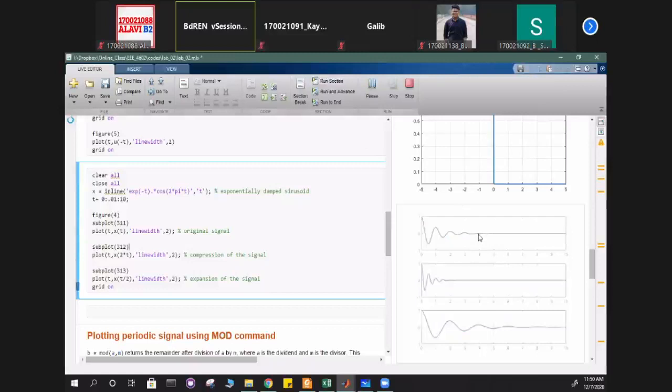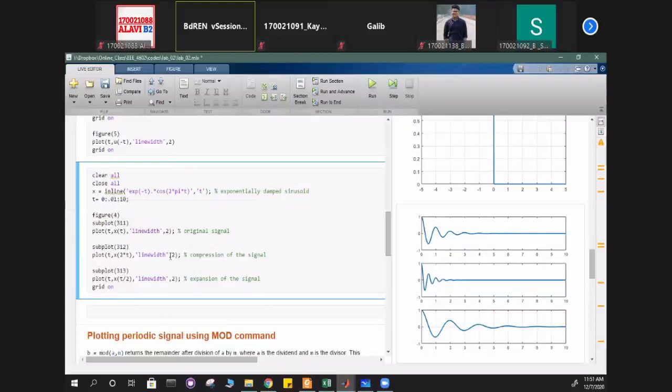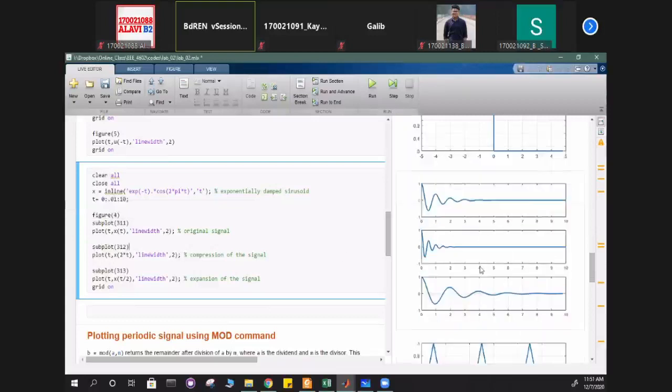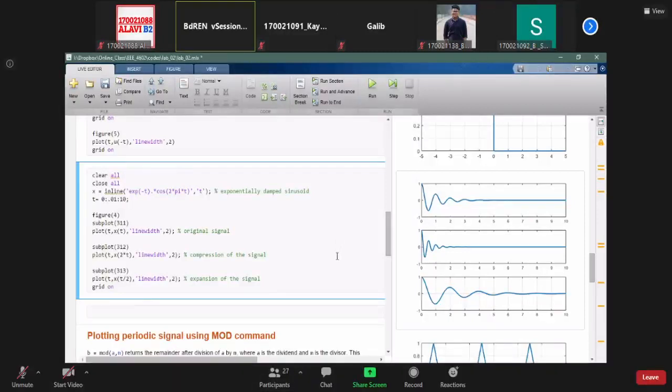The equations that you have seen in signals and systems, if you can represent any signal using an anonymous or inline function, then you can do these operations there. Is it clear? So here you can see if this is your original signal, it has been compressed and it has been expanded. Is there any question up to this or anything that you want to ask? No, sir, clear.